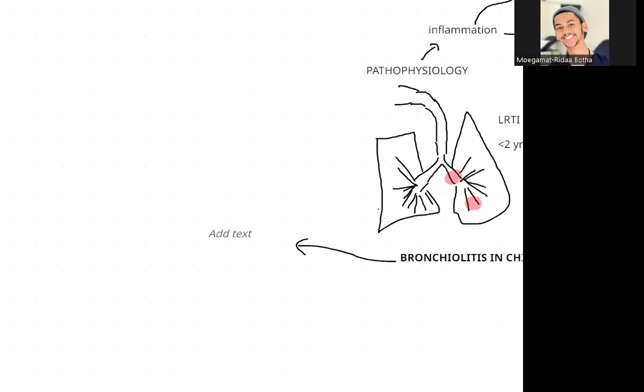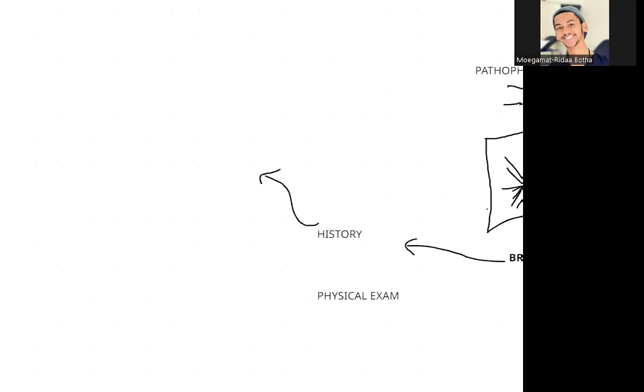On history, the initial presentation is that the patient presents with a runny nose, nasal congestion, decreased appetite, and cough, usually for approximately 3 days.